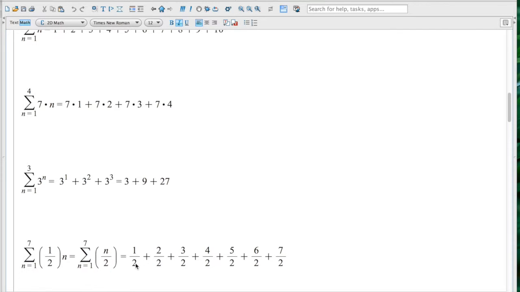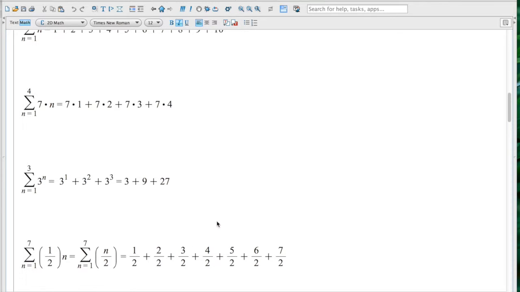So here we iterate through 1 over 2, 2 over 2, so on to 7 over 2. I did not simplify this so that you could see the structure of how this iterates through the integers and maintains this denominator. And like this one, it turns out we could have factored out the 1/2 and then summed over n.